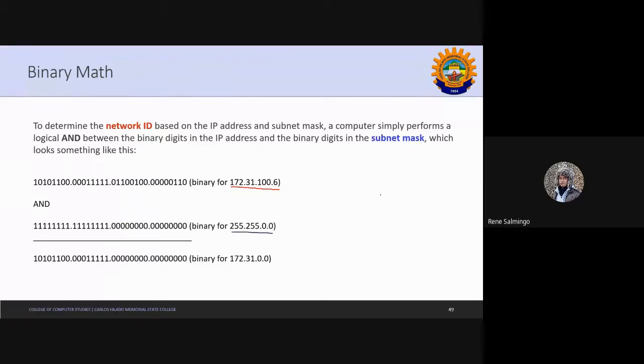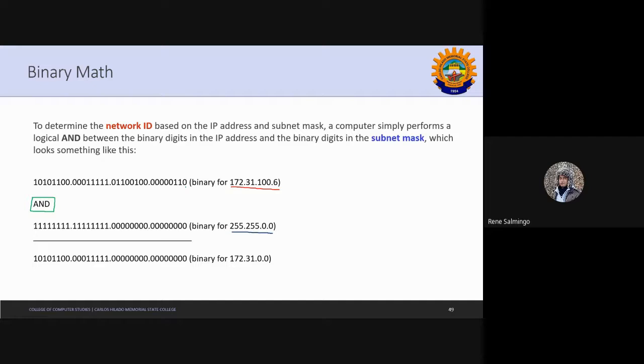So how do you determine the network ID? You perform logic AND. So how do we perform logic AND? Each digit will be compared.